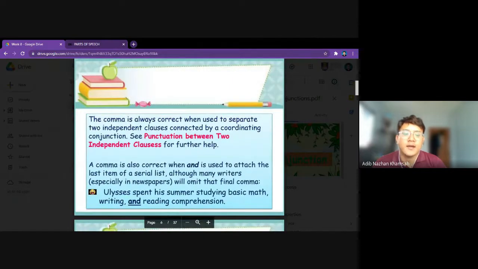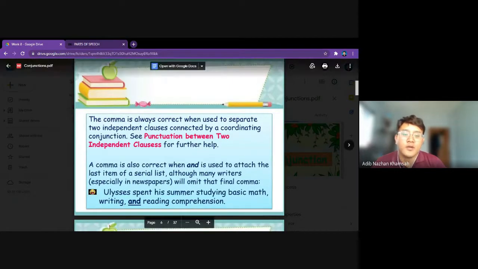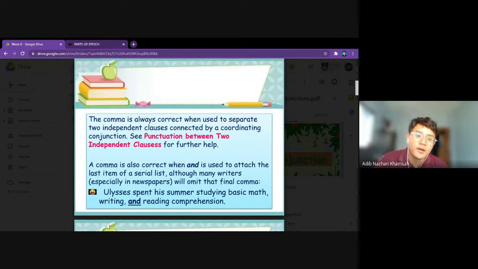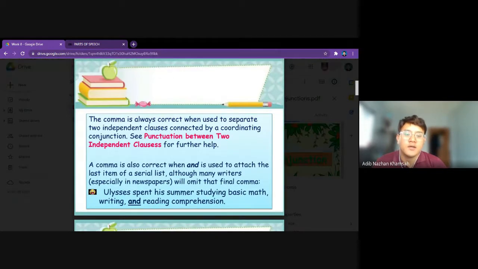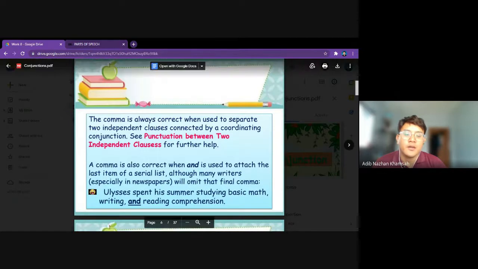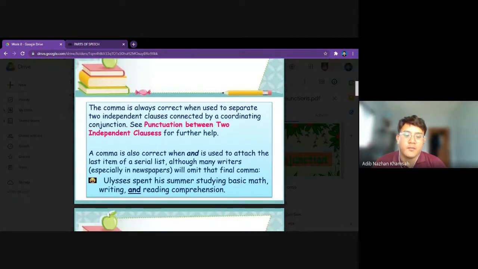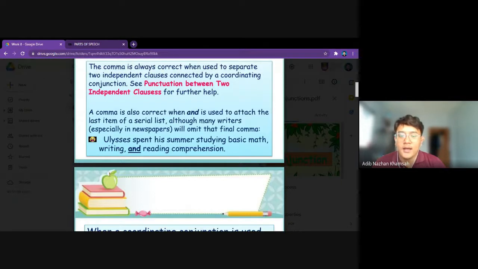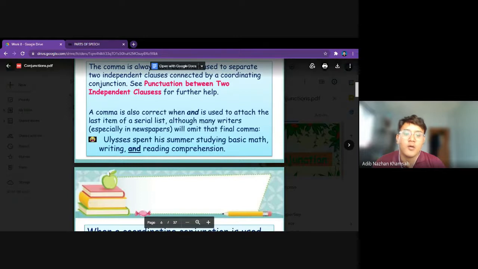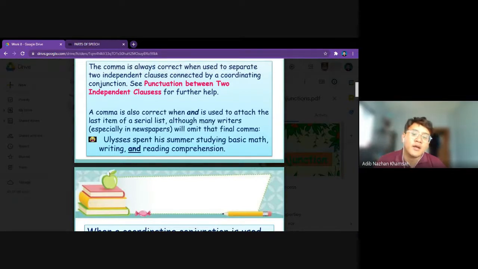Then the comma is always correct when used to separate 2 independent clauses connected by a coordinating conjunction. See punctuation between 2 independent clauses for further help. A comma is also correct when and is used to attach the last item of a serial list, although many writers, especially in newspapers, will omit that final comma.